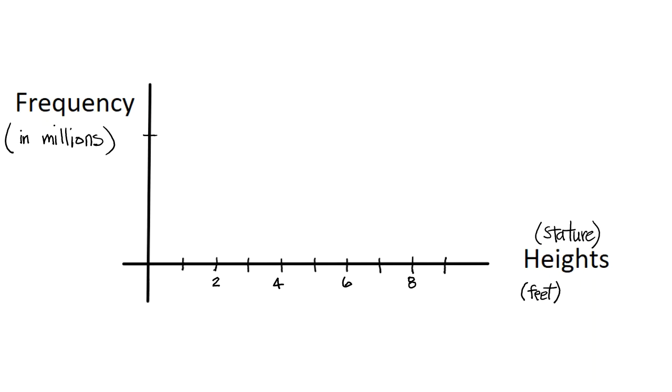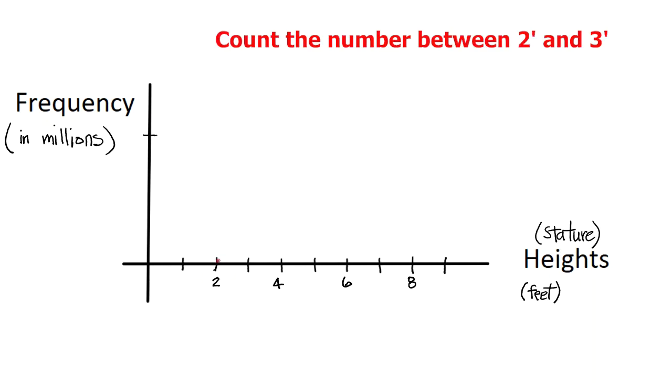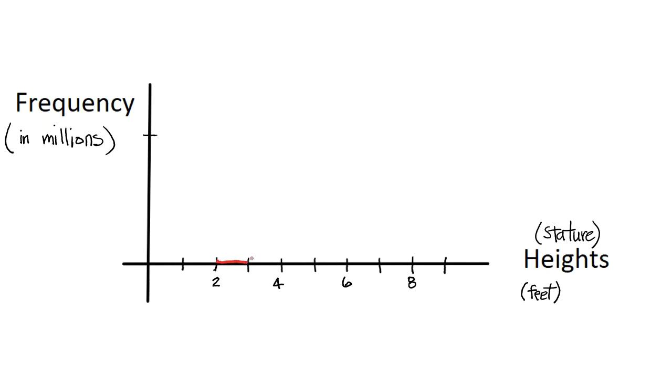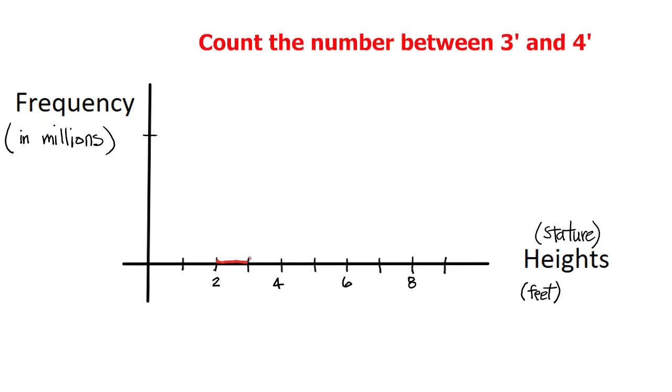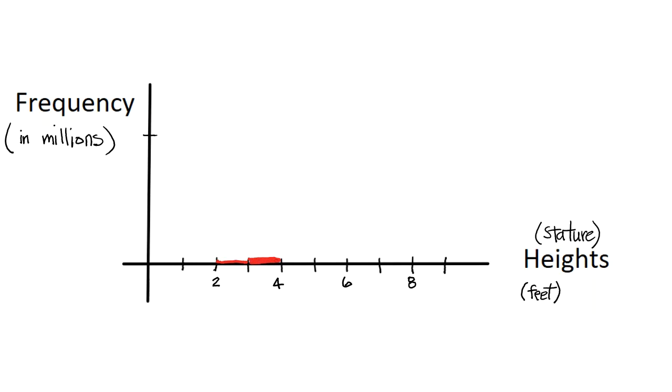So I might try to categorize everybody, count the number of American males who are between 2 and 3 feet, and I bet it's almost none. And then I'll count the number of males who are between 3 and 4 feet, and that'll be slightly more, but not very much more, and I'll just put that in as a bar there.